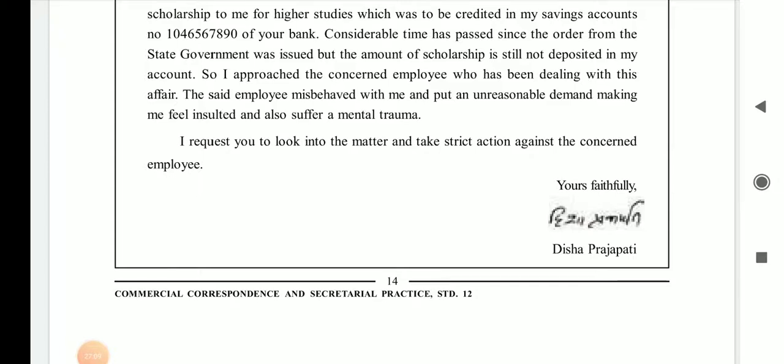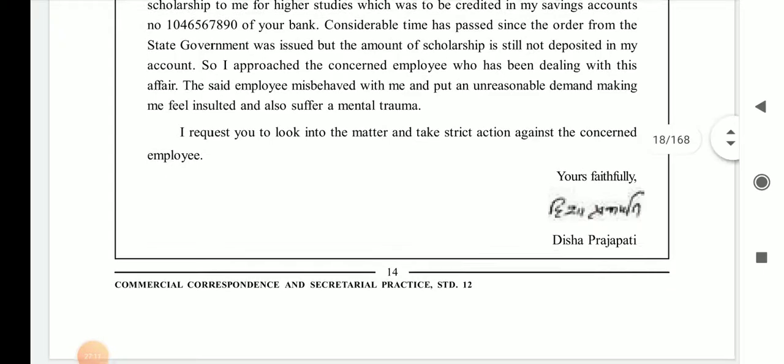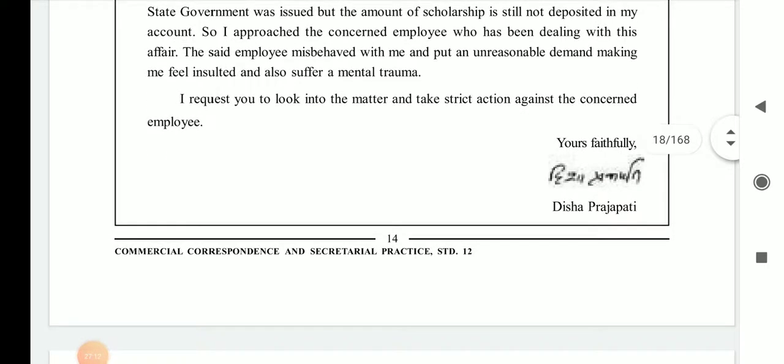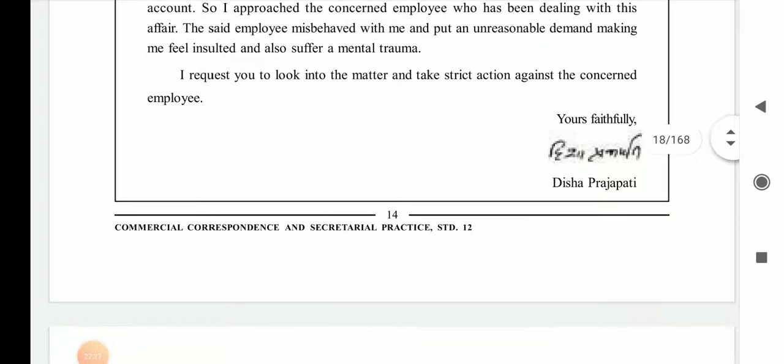So I approached the concerned employee who has been dealing with this affair. After a long duration, the lady approaches the bank and the employee who is handling this matter. The said employee misbehaved with me and put an unreasonable demand, made me feel insulted and also suffer a mental trauma.